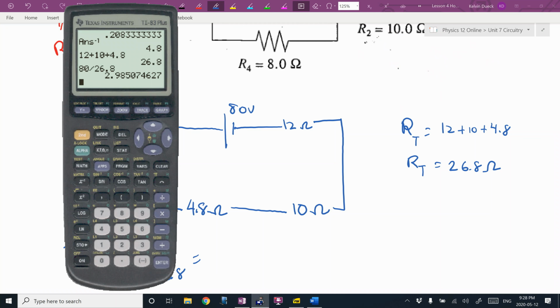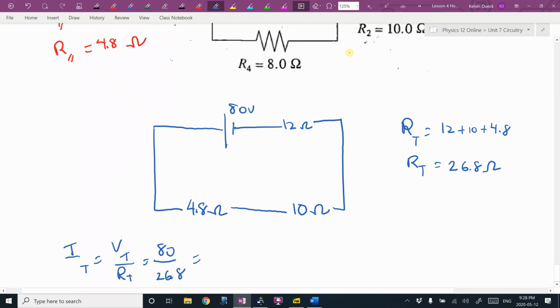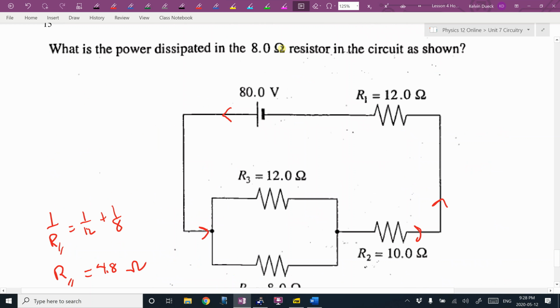I'll go 2.9851. So I guess I have 2.9851 amps going through there and 2.9851 amps going through there. Here it splits up. But I think that's enough because I know two things.